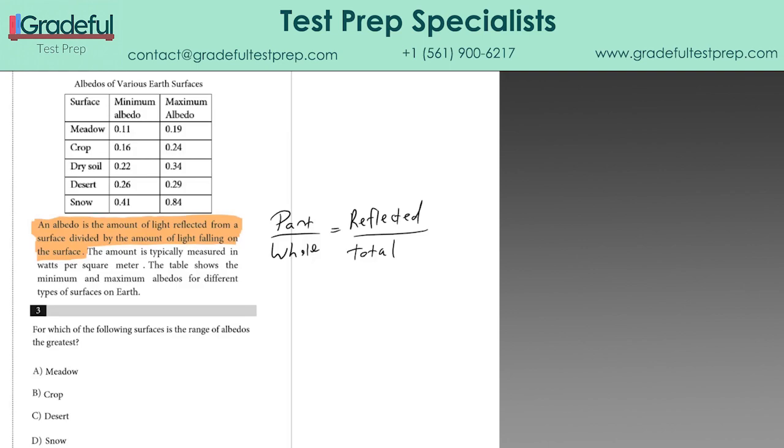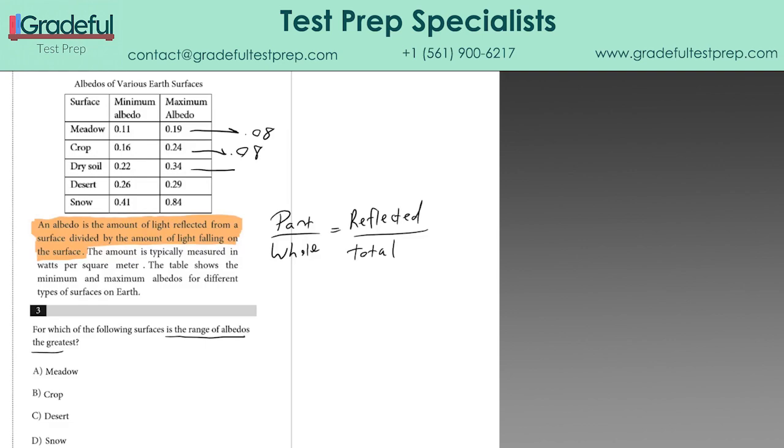We're going to go ahead and cover that more on question number 4, but for question number 3, we're being asked, for which of the following surfaces is the range of the albedos the greatest? So, for instance, for the meadow, we see a range, a difference of 0.08. For the crops, it's the same exact number, 0.08.